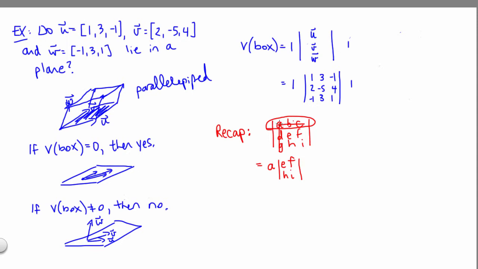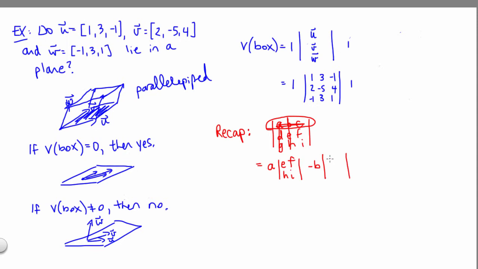Now we're going to move across that first row, and we're going to build up this sort of sum. And the thing that we have to be careful of as we build up the sum is that the signs alternate. So instead of writing down b, we're going to write down negative b times a 2 by 2 determinant. This time we're crossing out the row and the column containing b.